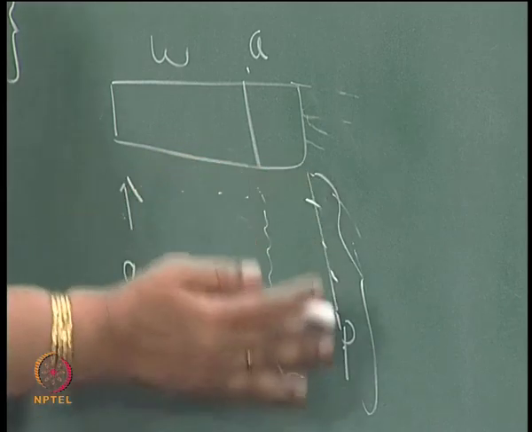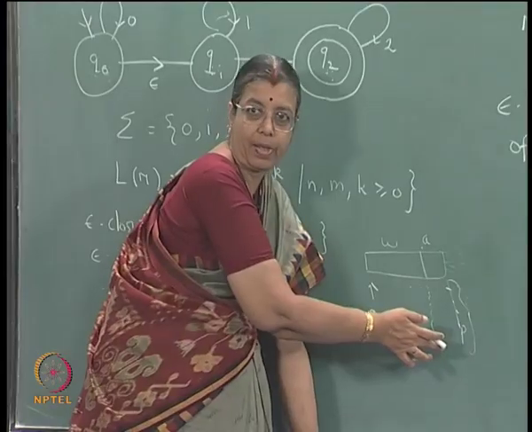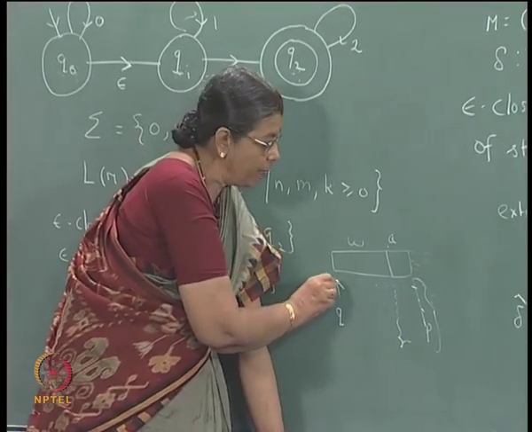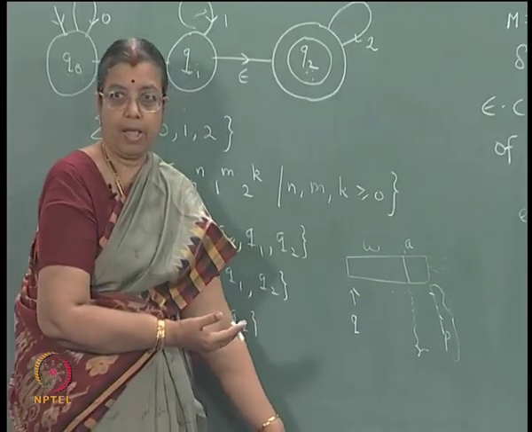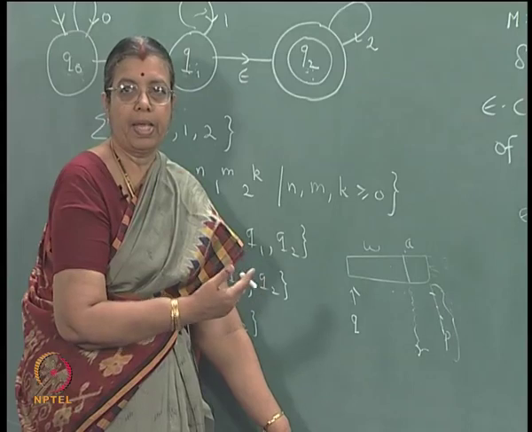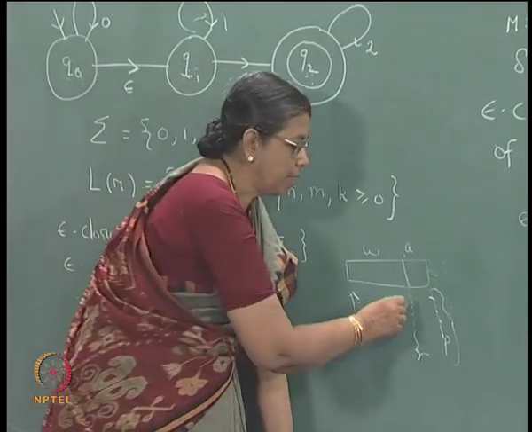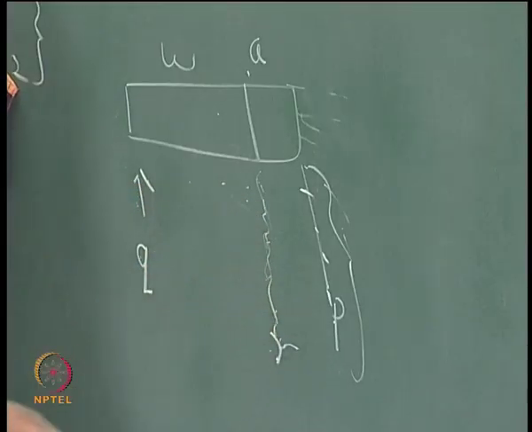P itself will be in the epsilon closure of P. Starting from Q, after reading W you can be in a set of states. In between, at the beginning or in the end, you may be making epsilon moves. R is one of them, say. So, you consider the union of all such moves.